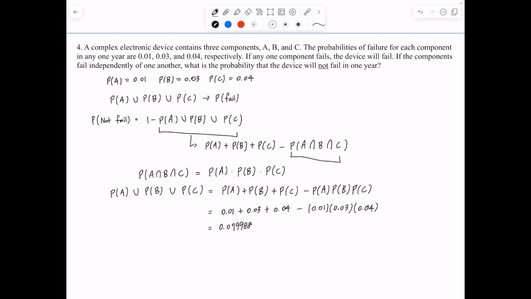Okay, so this is the probability of failure, but we're looking for the probability that the device will not fail in 1 year. Means we're looking for this one. Okay, so P that is about 0.922. Okay, so the probability of the device not failing in 1 year is 0.922.